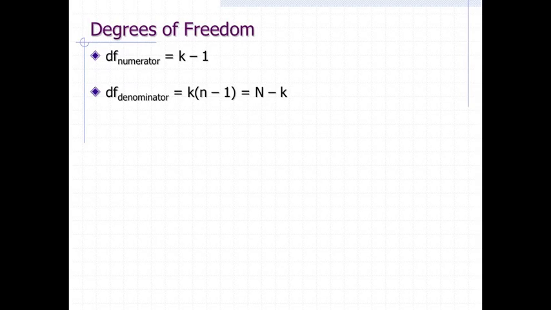The MSE is an average of k variances, each with n minus 1 degrees of freedom. Therefore, the degrees of freedom for MSE is k times (n minus 1), which equals N minus k, where N is the total number of scores, n is the number in each group, and k is the number of groups.